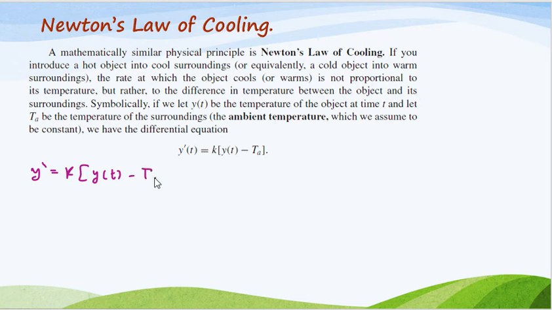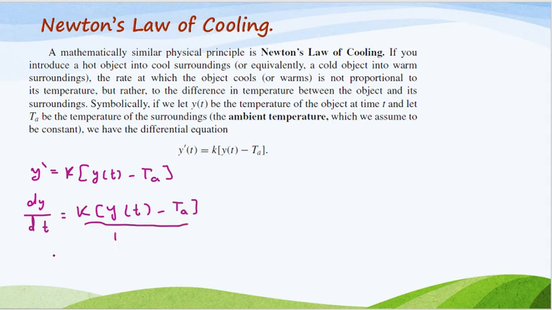So dy over dt is equal to k times y of t minus Ta.